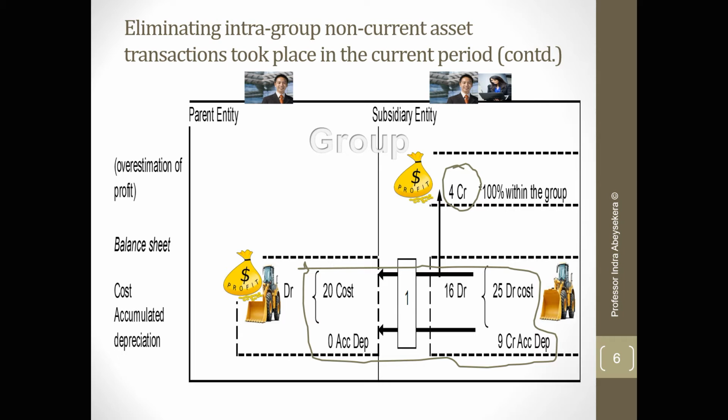So the parent received the asset at 20 and subsidiary makes a gain of 4. At the time of parent receiving the asset, accumulated depreciation is 0. At the time subsidiary is selling the asset, the cost was 25 and accumulated depreciation was 9.